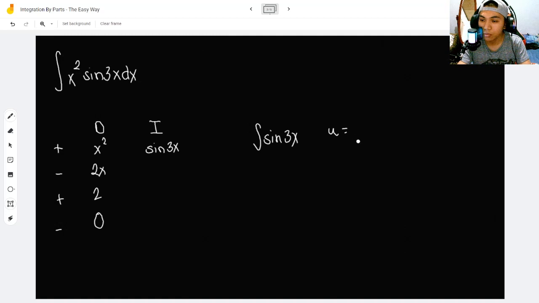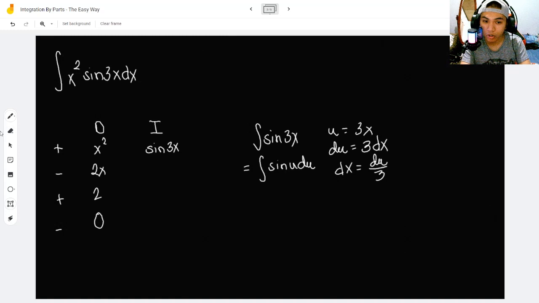So we can let u be 3x, so that du would be 3 dx, and finally our dx would be du over 3, or 1/3 du. So we have the integral of sine of u du. And let's put the 1/3 over here.